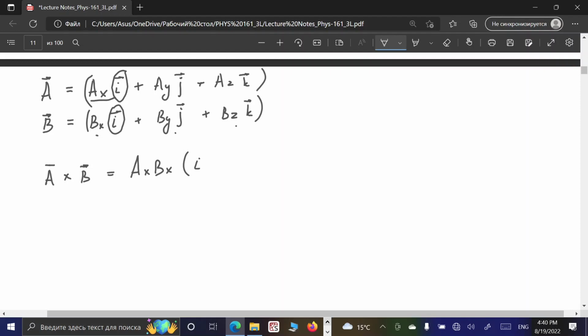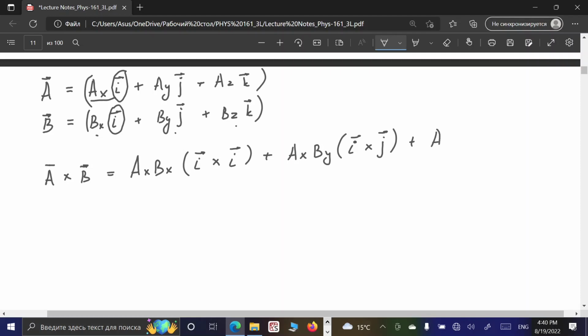So we have i unit vector cross product i unit vector. Now, the next term will be ax times by, and here we have the cross product of the i unit vector and j unit vector. Is it clear now? Everything is clear. Okay.